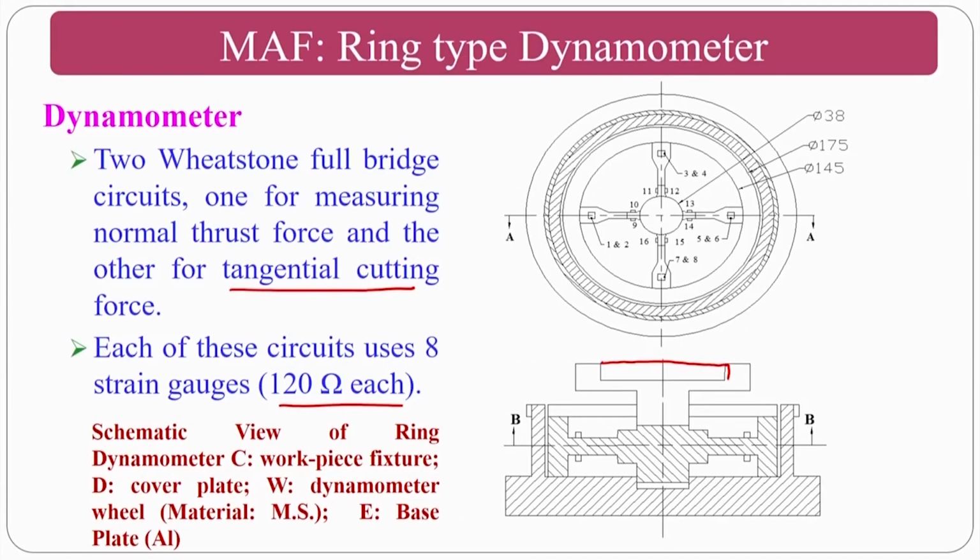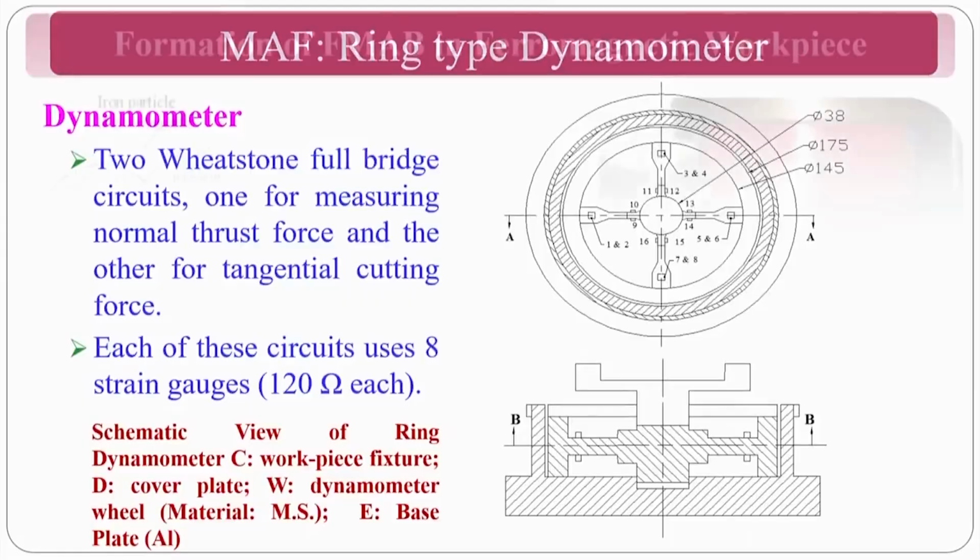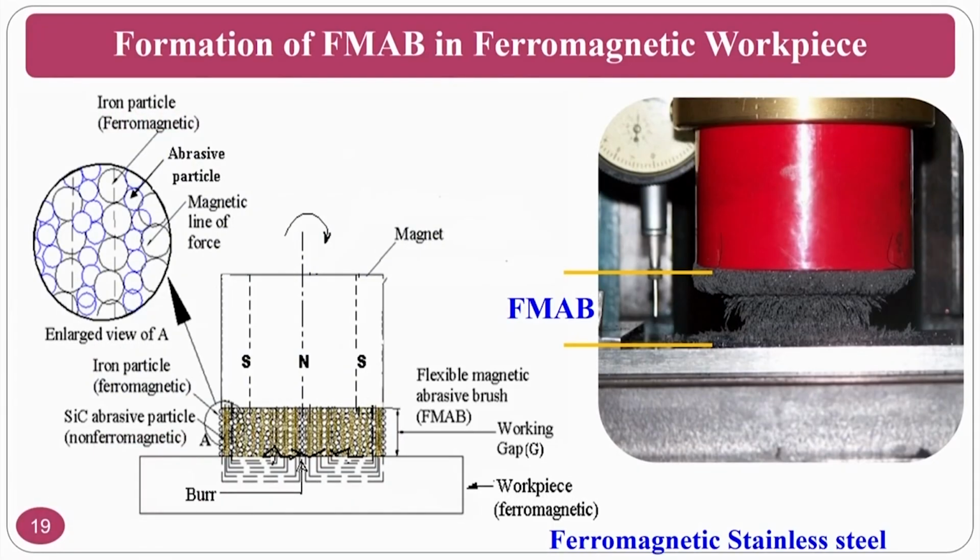The development of this type of dynamometer is economic, and you can maintain it because you can fabricate it with a little knowledge and a little collaboration with electronics people. If you want a commercially available dynamometer, it normally costs a few lakhs of rupees. That is why people go for strain gauge based measurements.